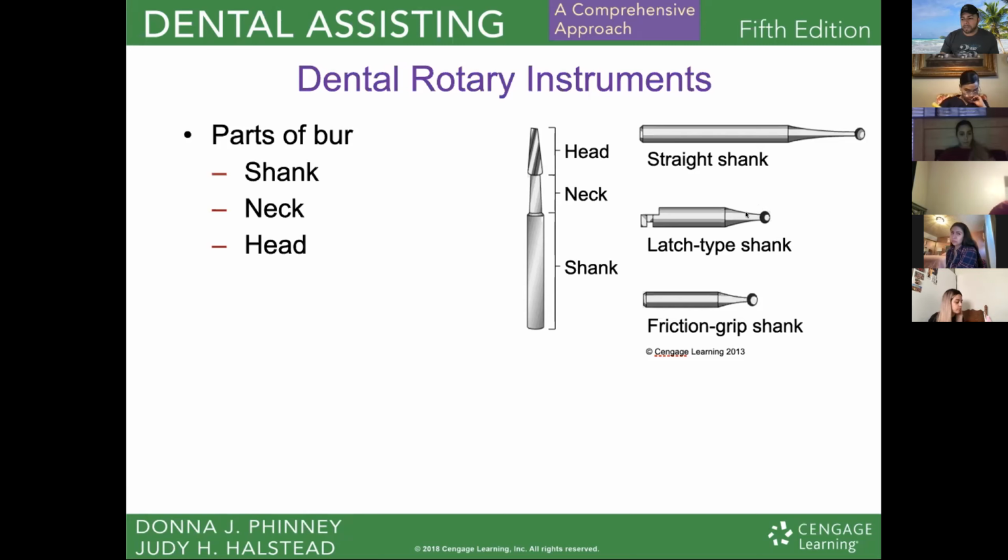It doesn't move fast enough to cut healthy tooth structure. The next one is a friction grip shank, used on the high-speed handpiece. These are the handpieces designed to cut tooth structure. So when we make cavity preparations, it will be done with a friction grip shank, which is always going to be on a high-speed handpiece.